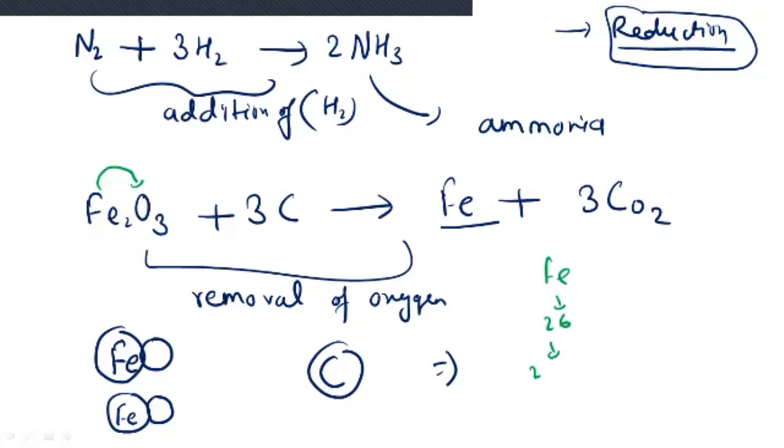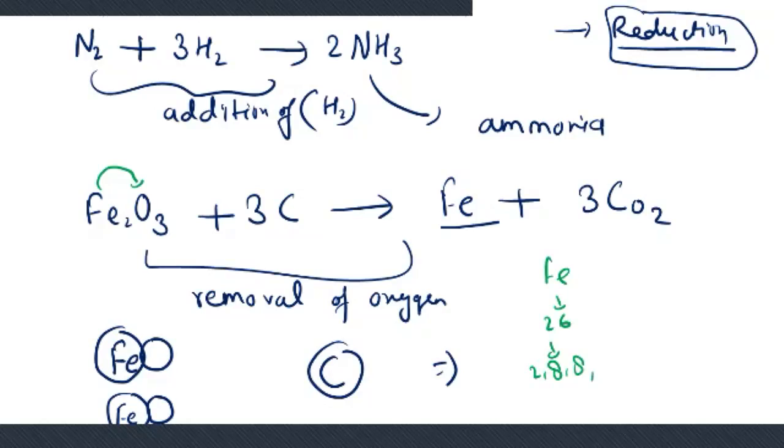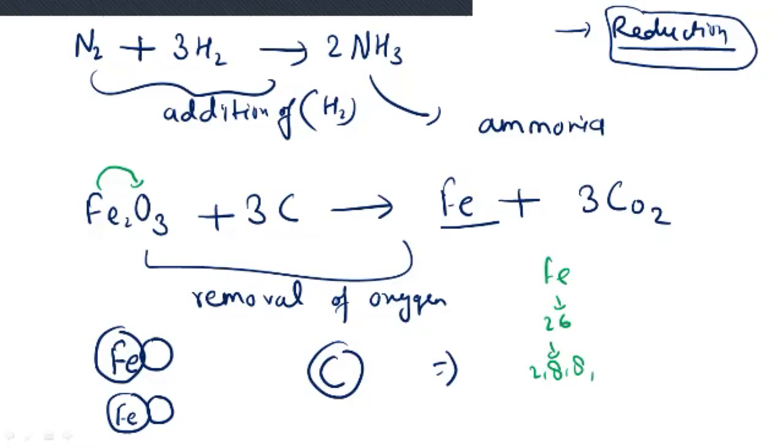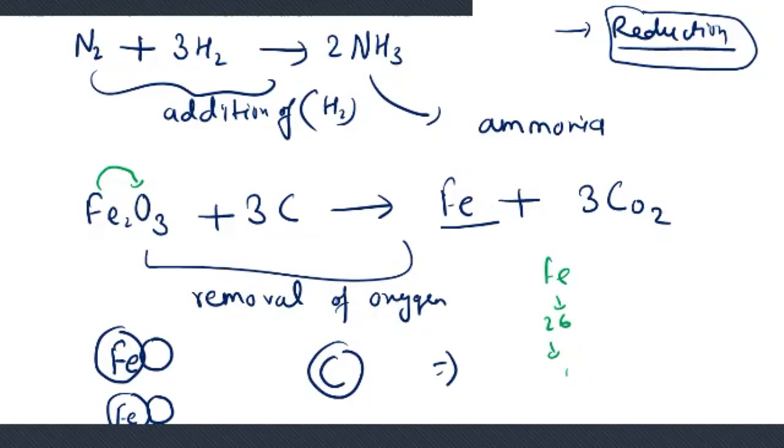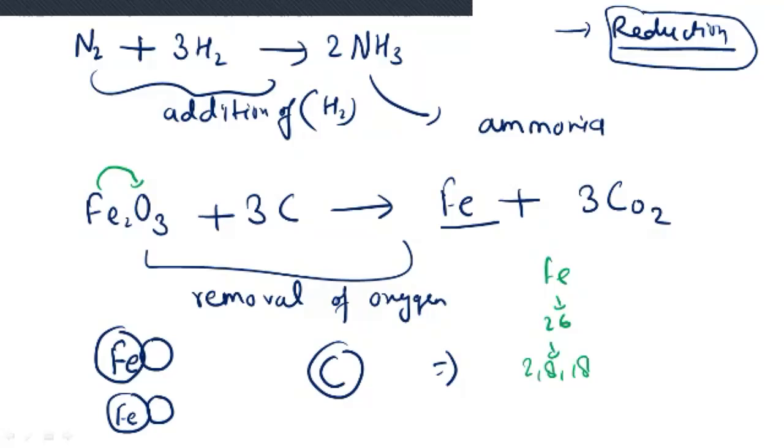26 means what, 2, 8, 18? I can't take 18, then I can take 8 again, or 18, I can take, no, and then 8 again, no. How is that happening? 26 is the atomic number, then it has 2, 8, and if I write 18 then it is again already 26.